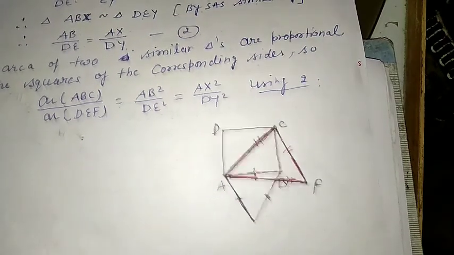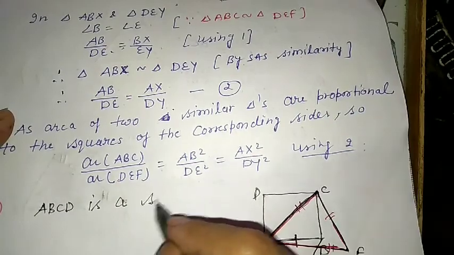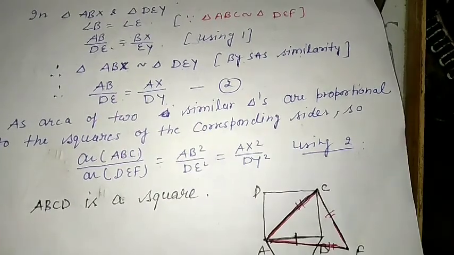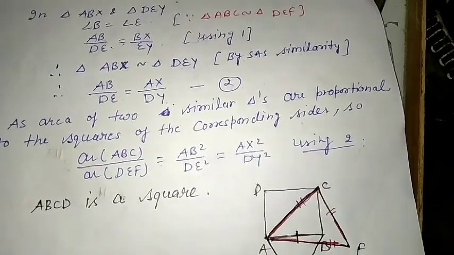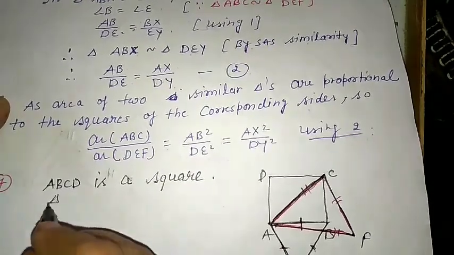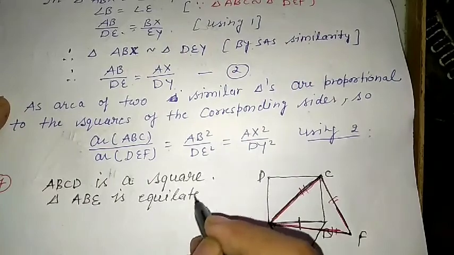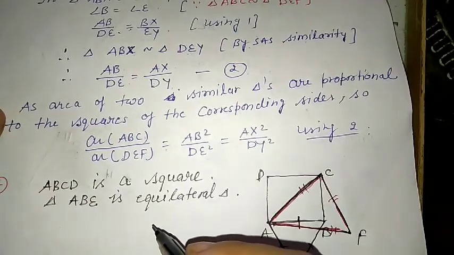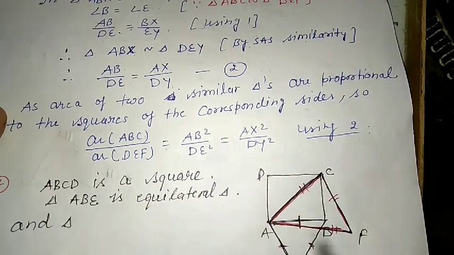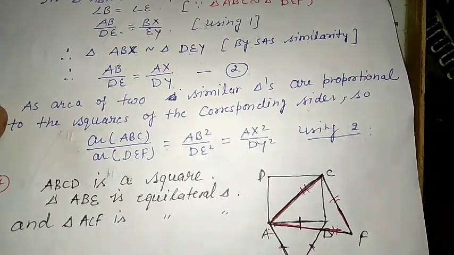So ABCD is a square. It is given. Triangle ABE is an equilateral triangle, and triangle ACF is also an equilateral triangle.